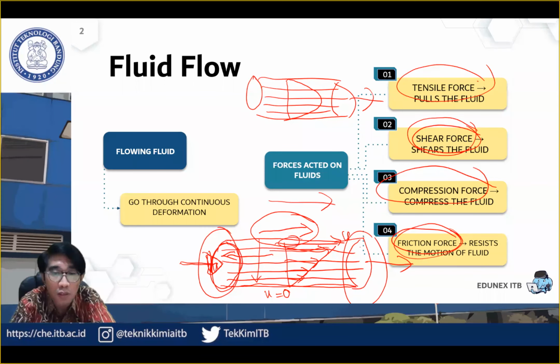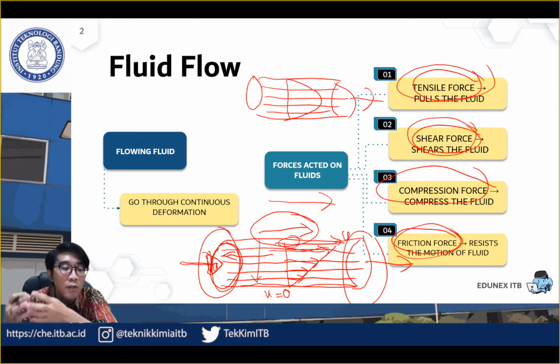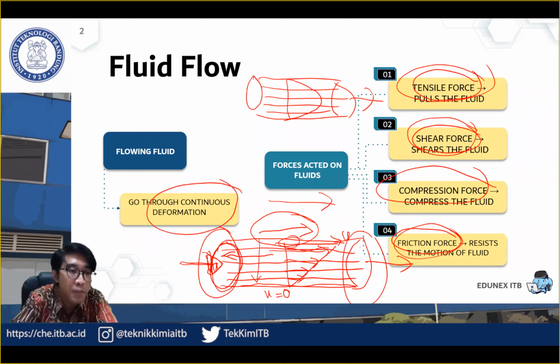That's what we call tensile force. So once we apply force to the liquid, we give either shear force, tensile force, or compressive force. The liquid or the fluid will go through continuous deformation. And then the liquid will be flowing.